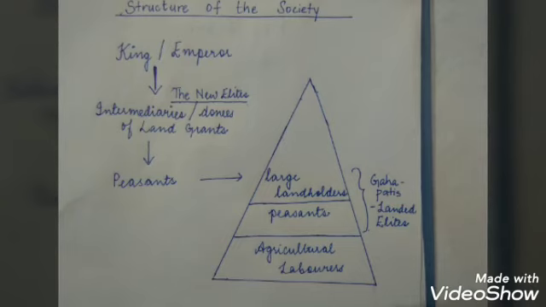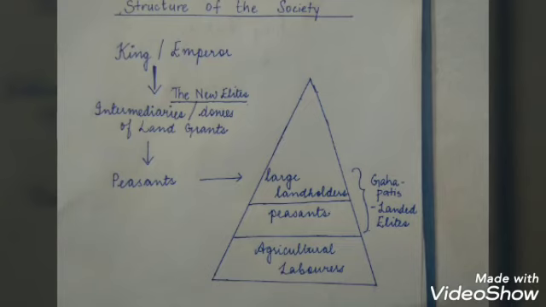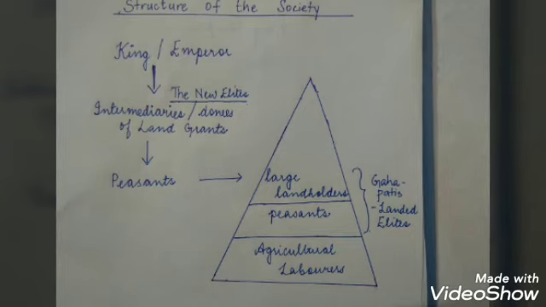But now you have a section of intermediaries. Who are these people? These intermediaries are the donees who have received the Agrahara land grant. So a class of new intermediaries came into existence with the giving of land grants.